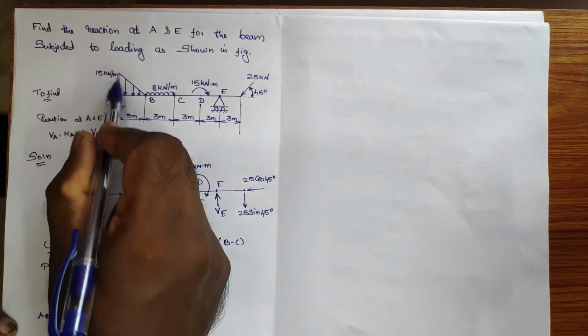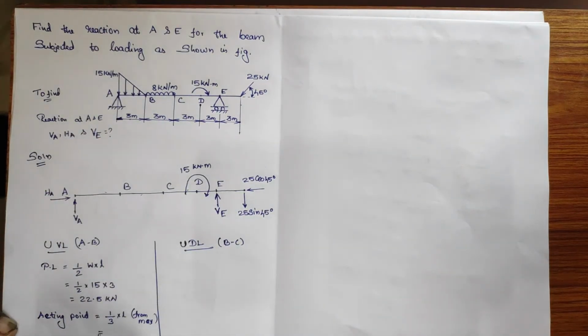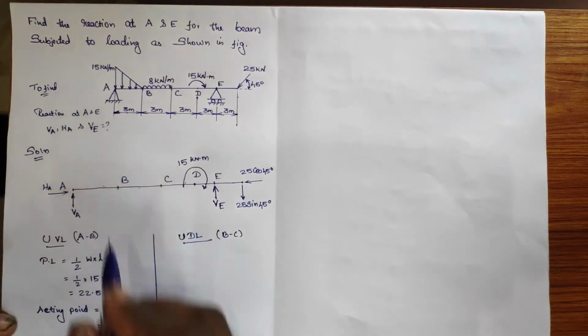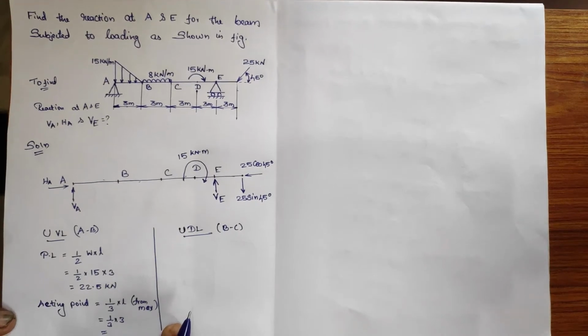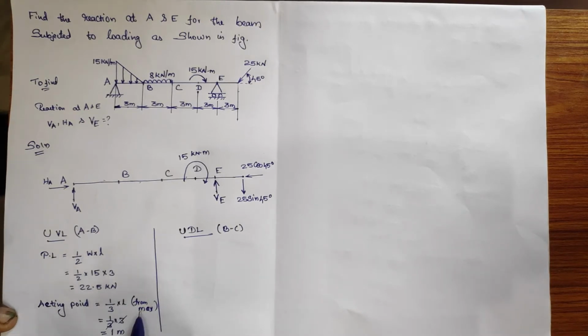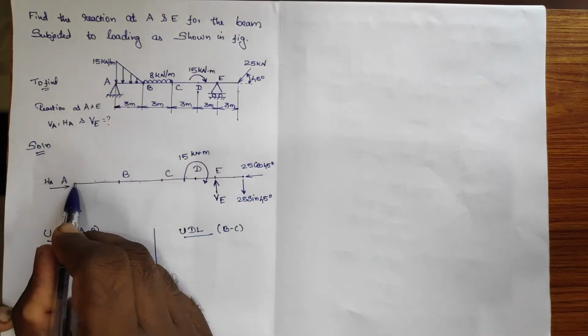This is the maximum side, this is the minimum, so from the maximum I am going to plot 1 by 3 of its length. So 1 by 3 into its length of 3 meters, 3 gets cancelled, we get 1 meter. It is from the maximum side, so from the maximum, in the sense from A.